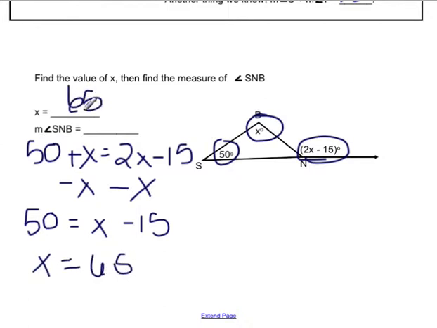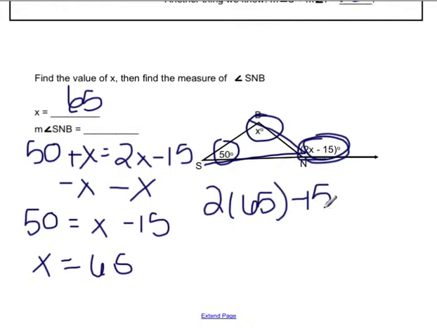And then it asks us to find the measure of angle SMB. So I know that this guy right here is going to be 2 times 65 minus 15. Then that plus this angle, we'll call it y, needs to add up to 180 because these form a line.